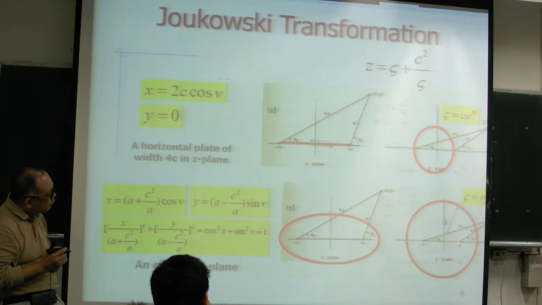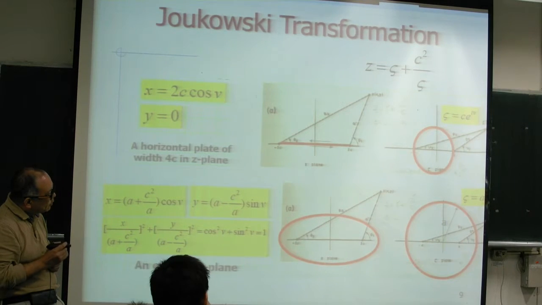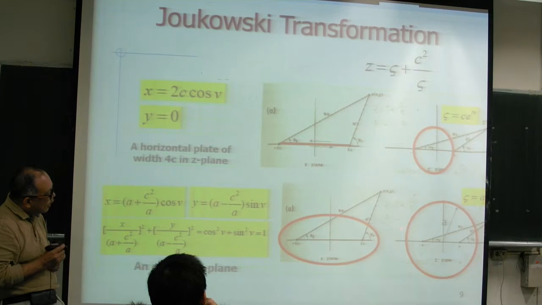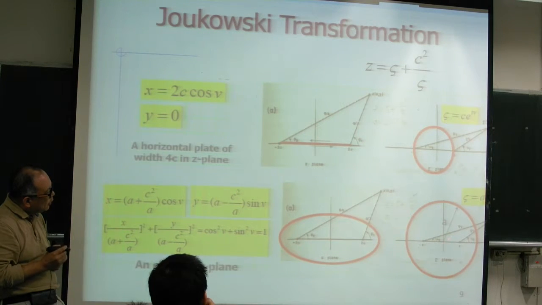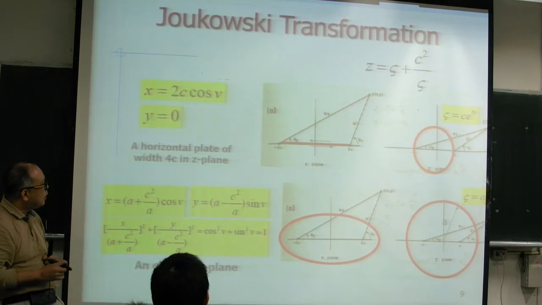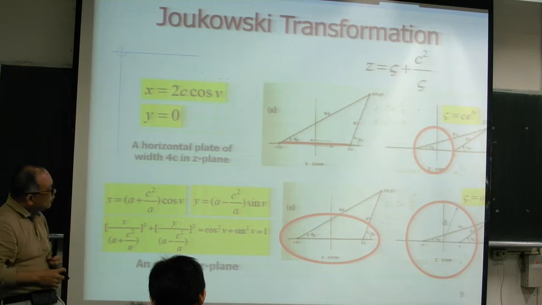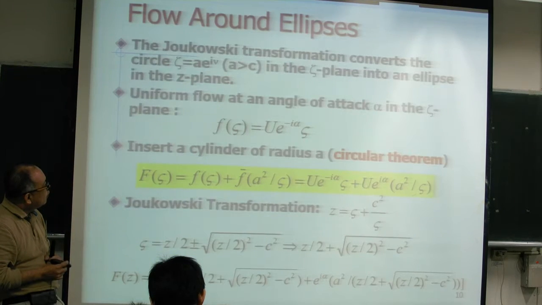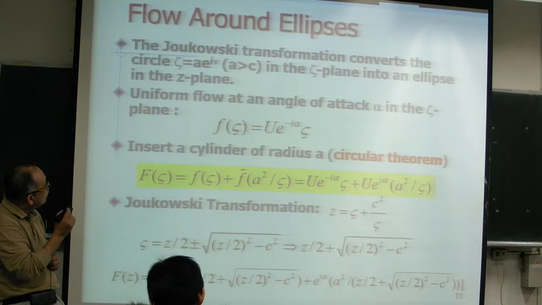So a is greater than c, so this is a bigger circle. Through the transformation, you see, it will become an ellipse. So we can write down all kinds of flow around the ellipse.